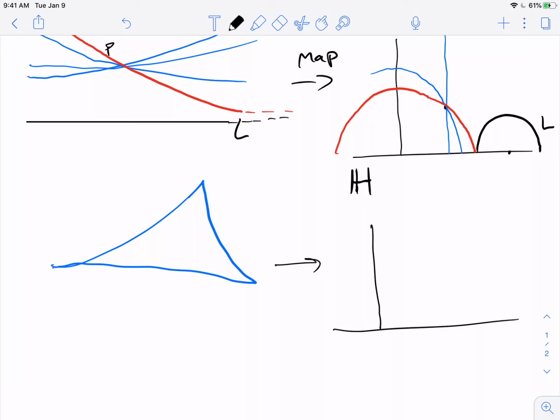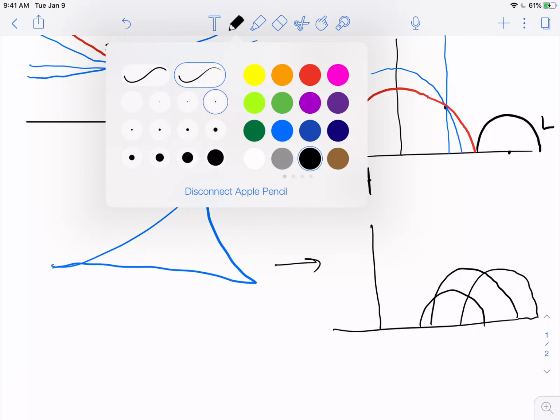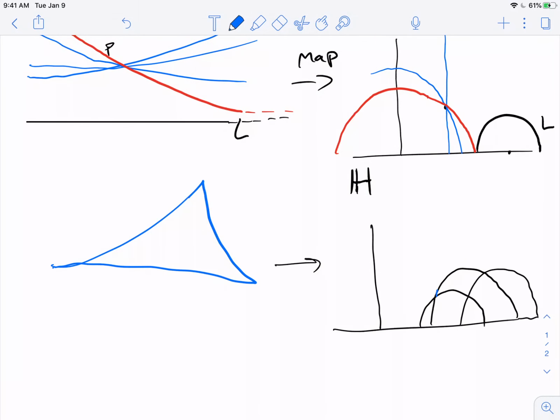Well, it's coming from just 3 geodesics that intersect, each 2 of them intersect at a vertex. So I get something like this. As the image of this triangle in hyperbolic space, it maps to this object in the upper half plane. Okay.